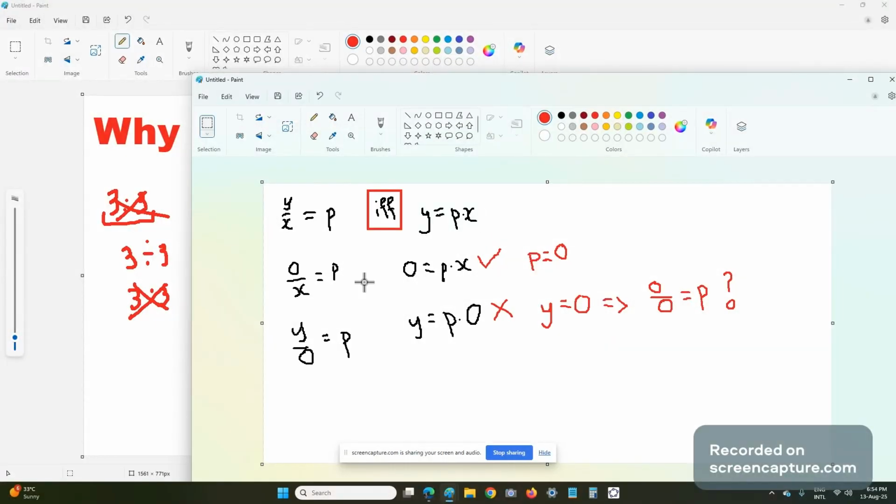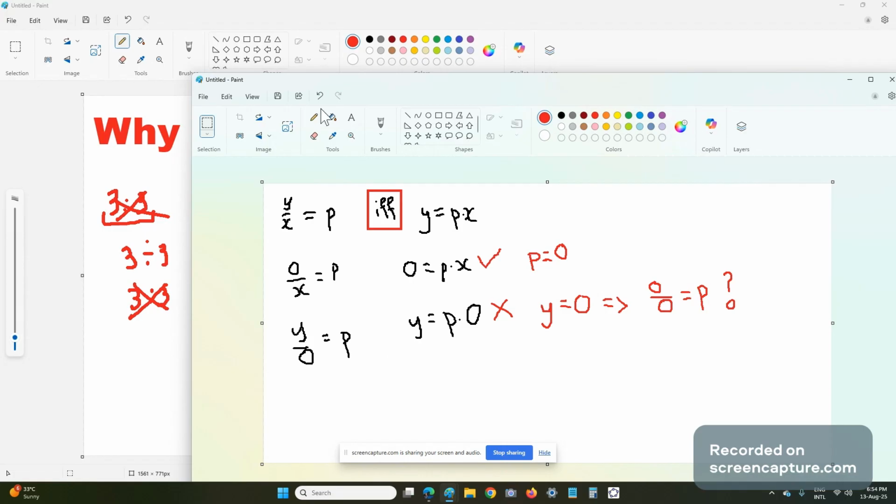But so they say that, and then if we say 0 over x is equal to p, that means that 0 is equal to p times x, which implies, by the way, that p is equal to 0 if x is not equal to 0. And of course, whatever 0 times 0 is, because multiplication at this stage is defined also incorrectly as the sum of different groups containing the same number of elements. Okay, so that's also wrong.